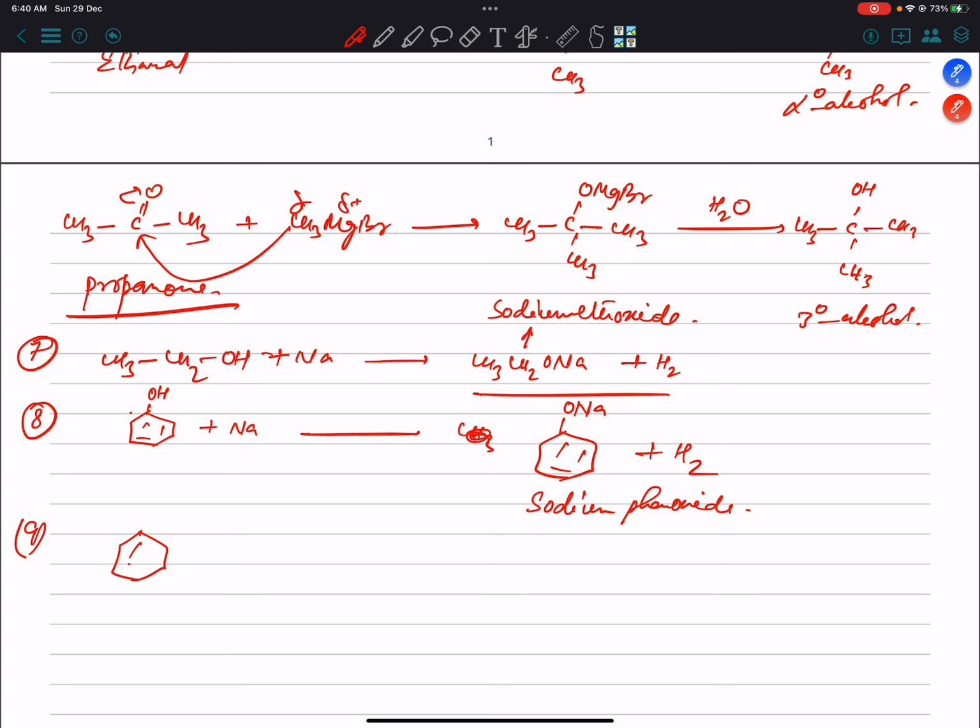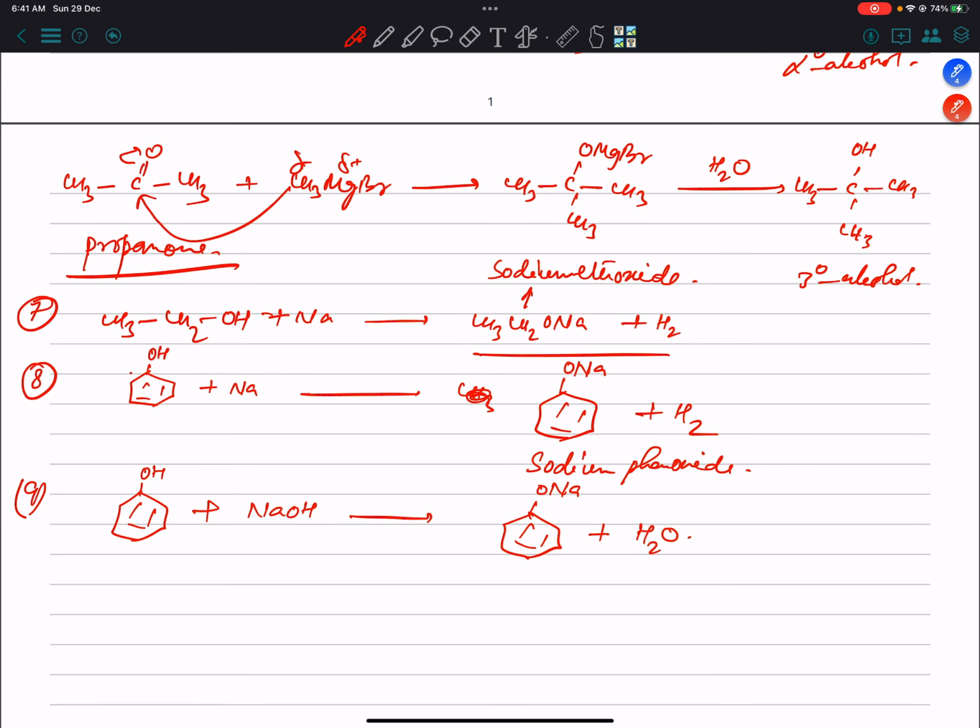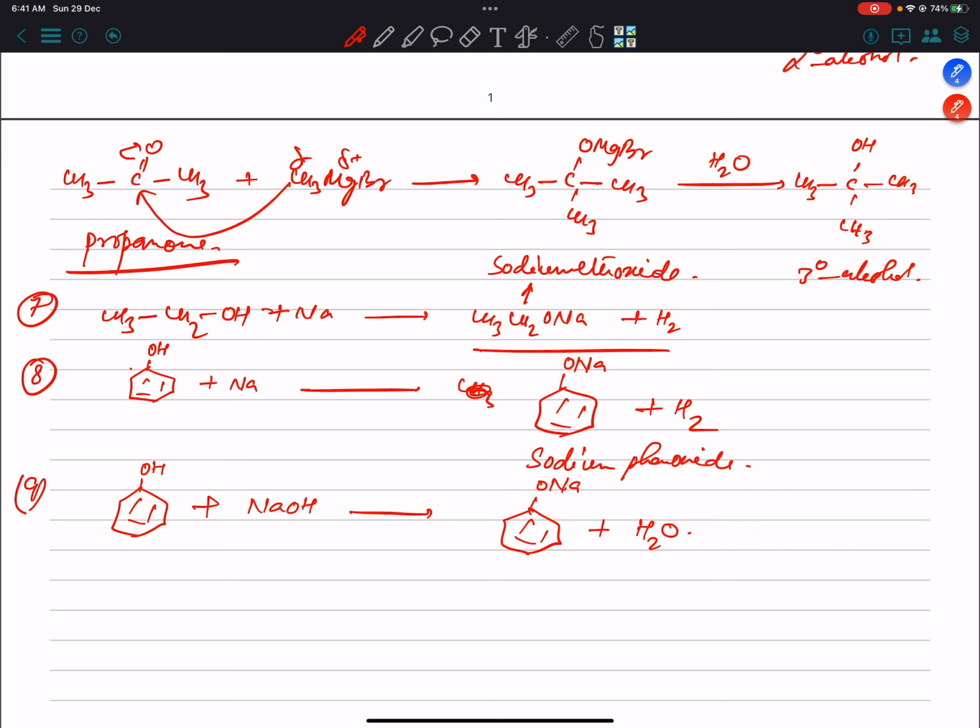Phenol also reacts with sodium hydroxide to give sodium phenoxide plus water. But alcohol does not react with sodium hydroxide. These three reactions show the acidic property of alcohol and phenol.